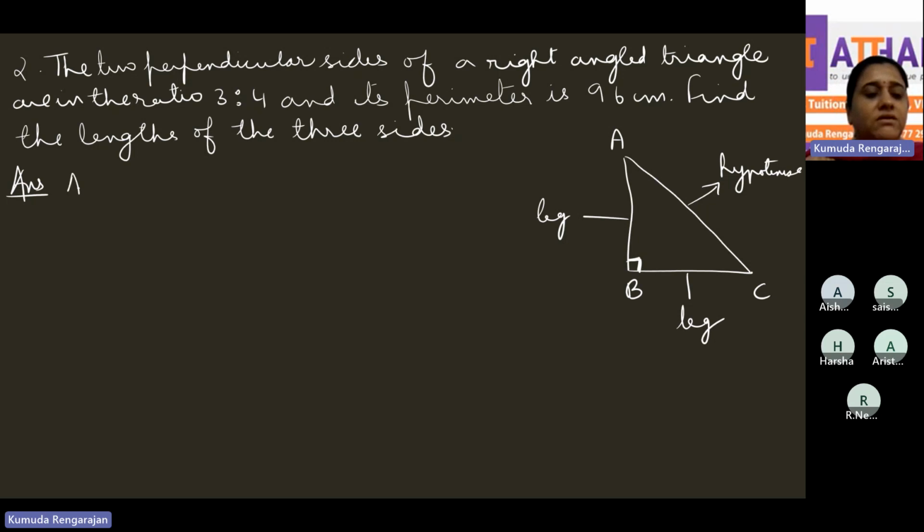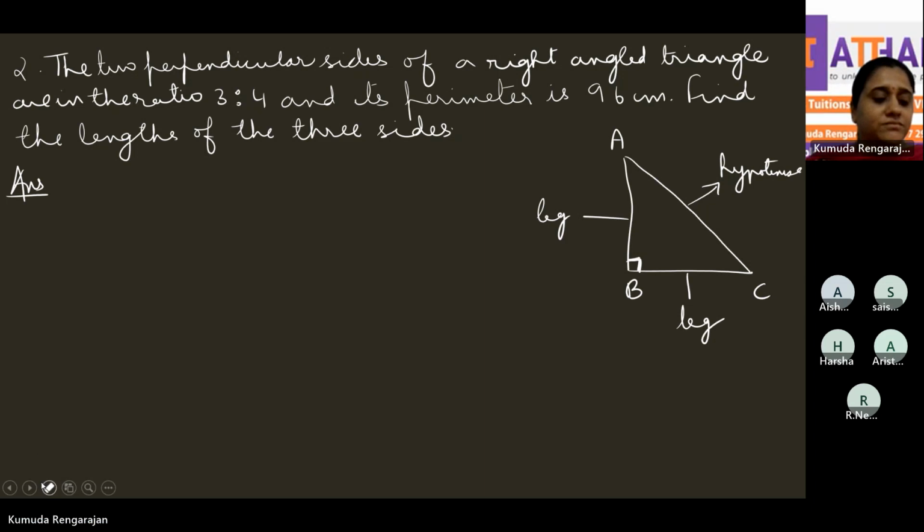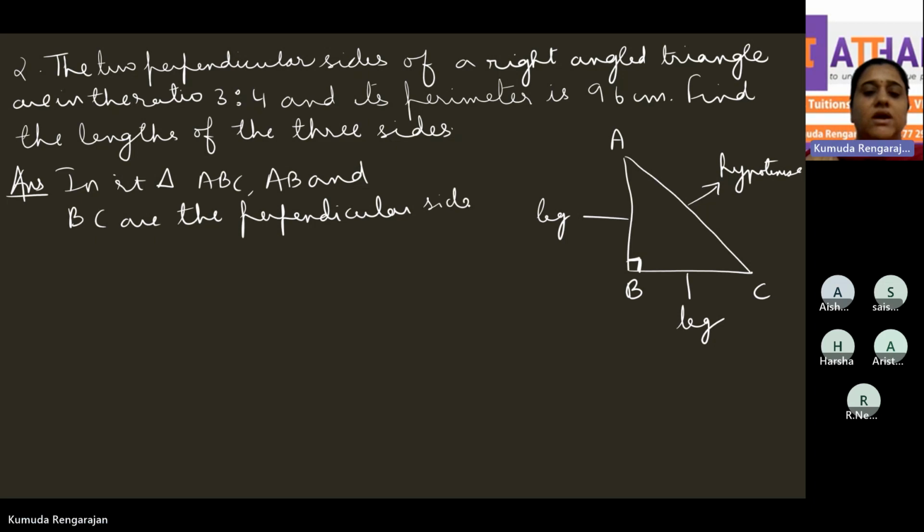So in right triangle ABC, AB and BC are the perpendicular sides, and they are in the ratio 3:4.